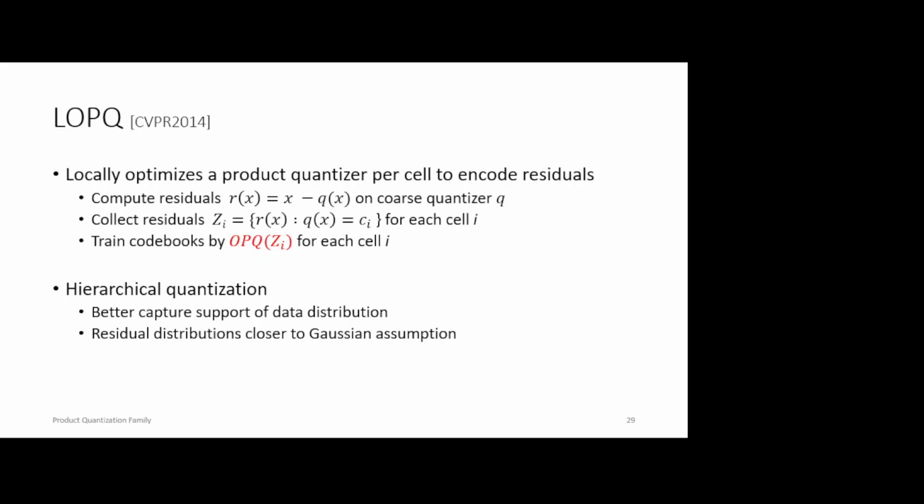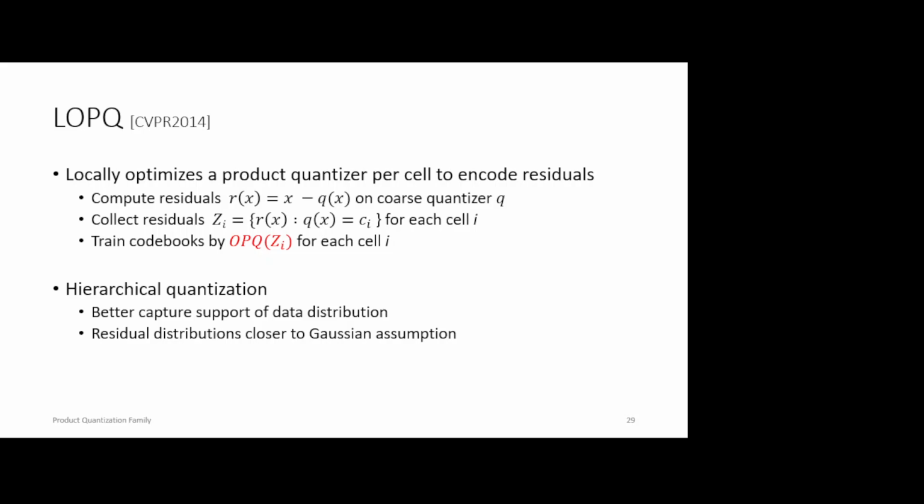Okay, so let's continue our lecture on product quantization. Last week we already talked about the basic concept of product quantization, and you can treat it as a general technique for vector quantization.